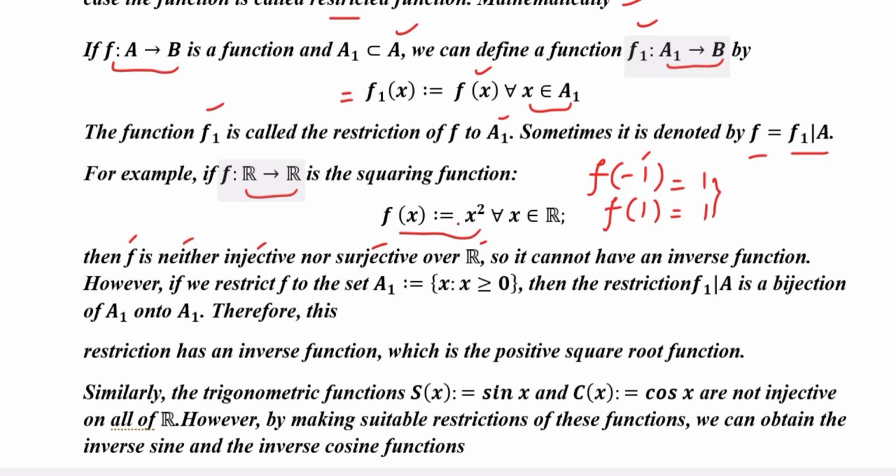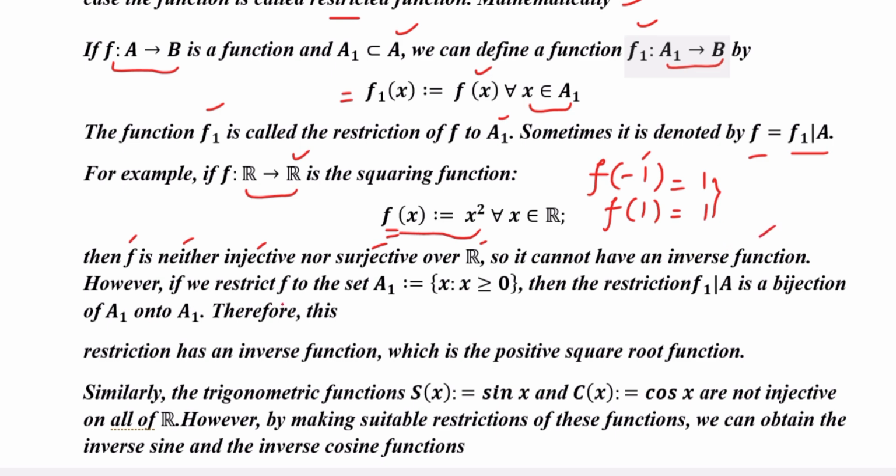Further, its range should be the non-negative real numbers, but here the codomain is R. So this function is neither injective nor surjective over R, and this implies this function is not a bijective function. So it cannot have an inverse function.